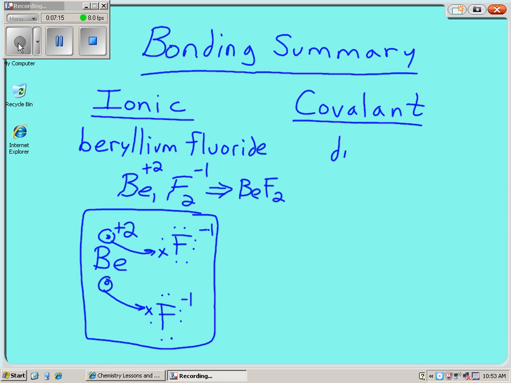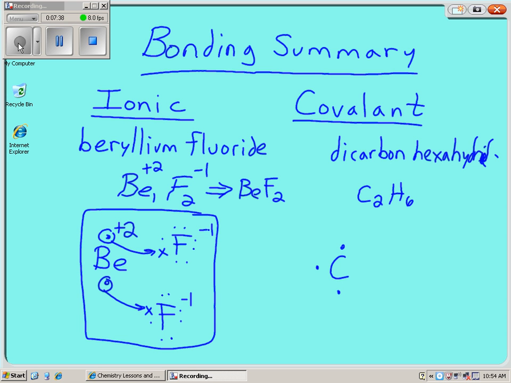Over here, if I had dicarbon hexahydride, then, well, sorry about that, I can show how those come together. Dicarbon hexahydride is 2 carbons and 6 hydrogens. And so how would that bond together?